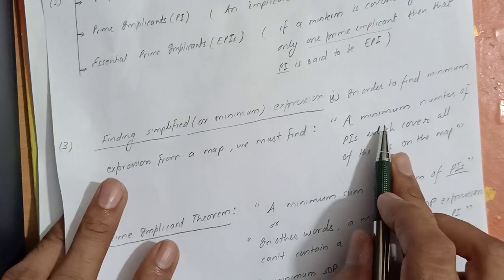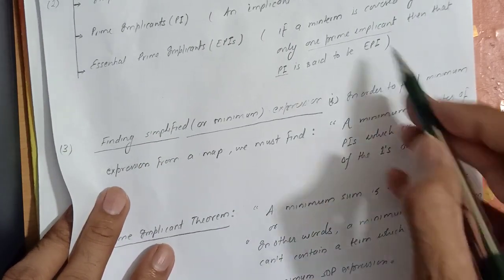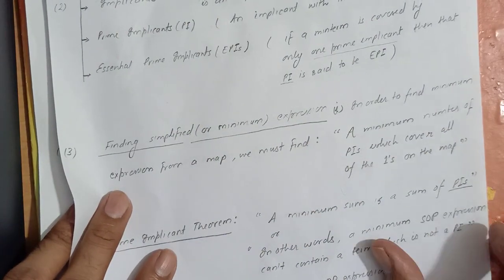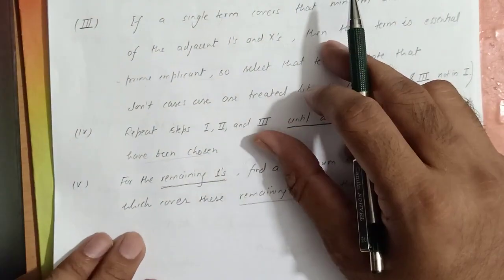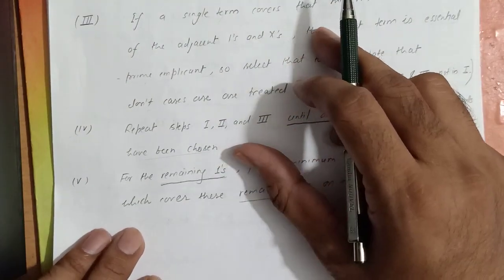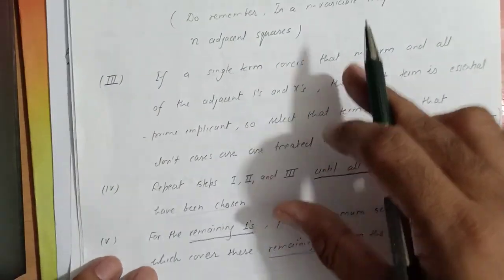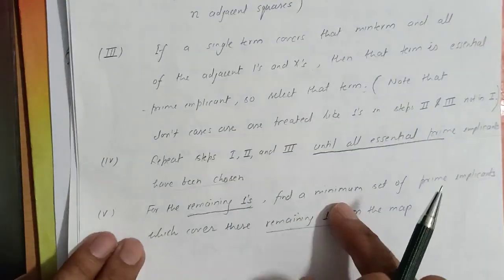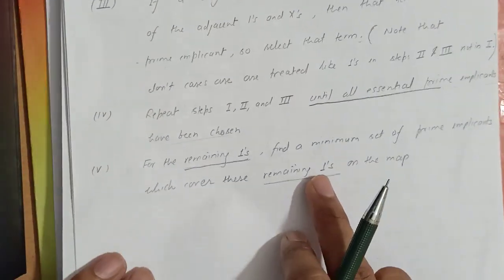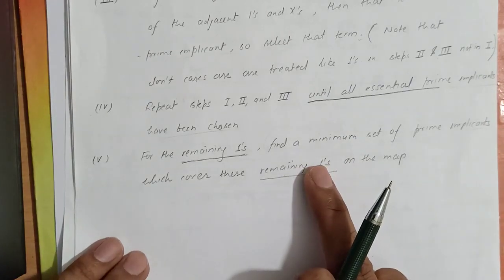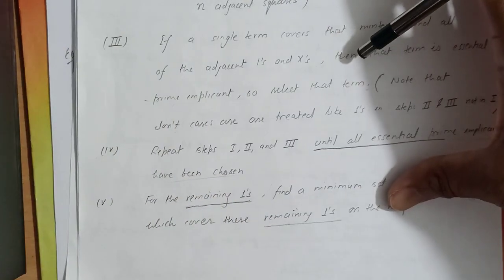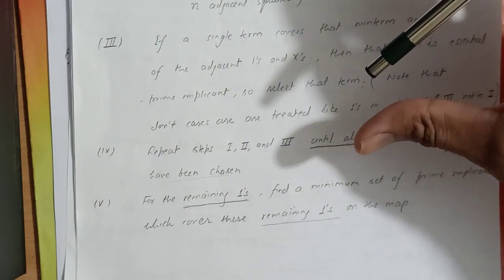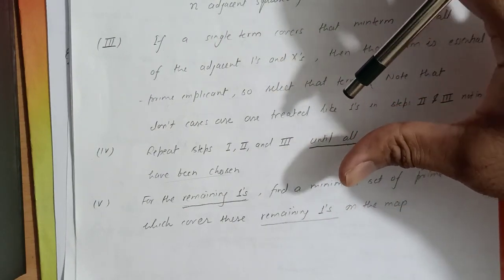After studying the concept of prime implicants, we have restated these three conditions in the form of prime implicants. Again, after studying the concept of essential prime implicants, we will find the essential prime implicants, then again we will follow this concept. Okay, so basically this algorithm also involves some randomness, or you can say hit and trial.